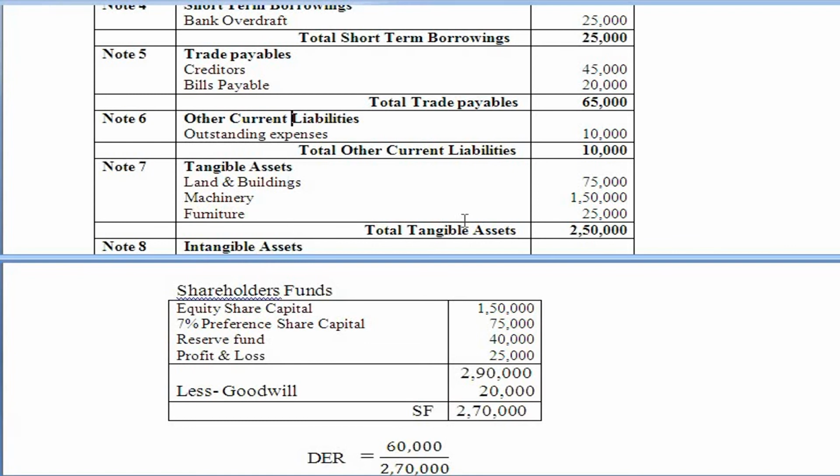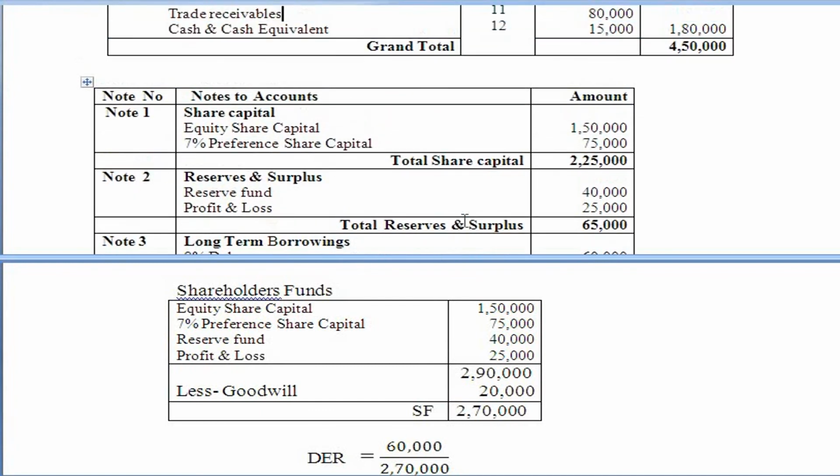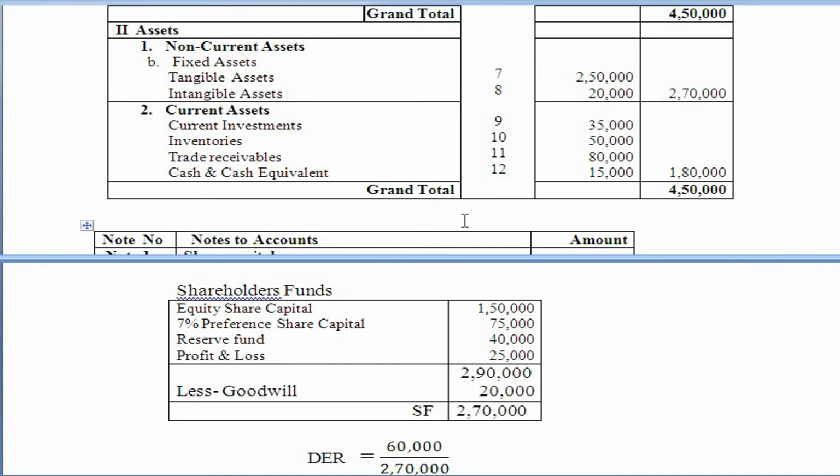Sorry, total assets minus, it is tangible asset, not only fixed asset. Total assets minus intangible assets like goodwill. That we need to deduct, and the amount of intangible asset is 20,000. So 4,50,000 minus 20,000, balance will be total tangible asset. And shareholders fund how much? 2,70,000. So we will be putting both these values into the formula.